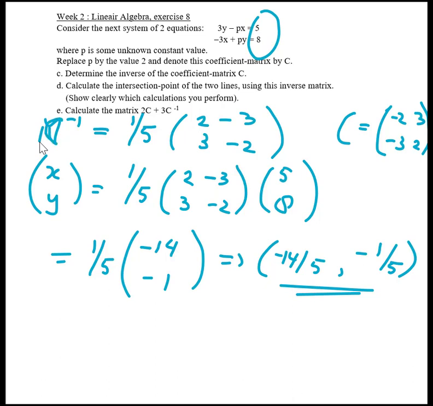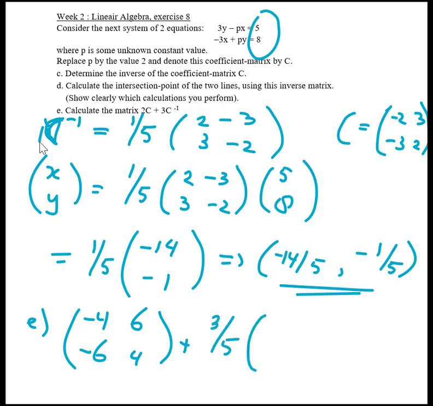Okay, so 2 times C would be [-4, 6; -6, 4], plus 3 times the inverse matrix, so plus 3 divided by 5, and then [6, -9; 9, -6]. Okay, I leave the adding for you.